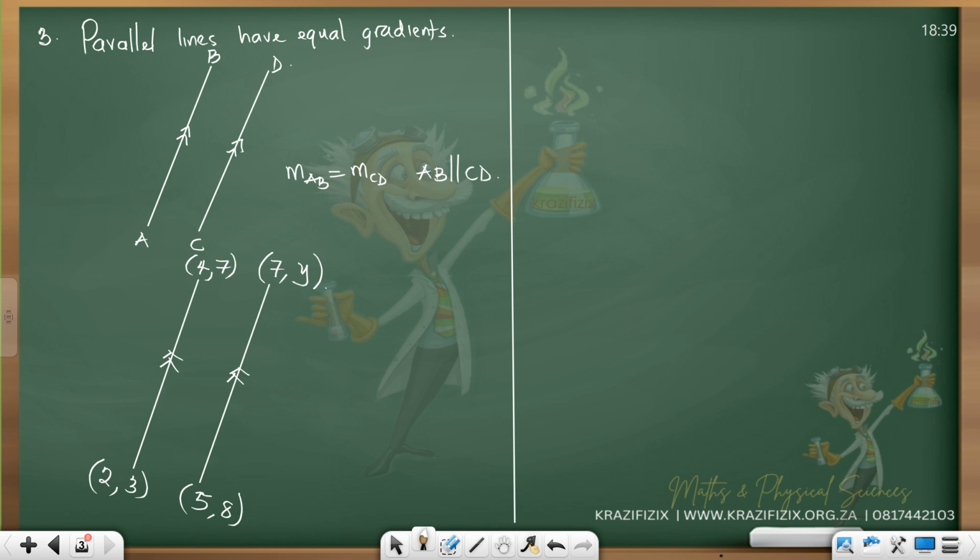If these two lines are parallel, it means their gradients are the same. So why don't we first look for the gradient of the first line? Let's call this AB. Let's call this CD just for labeling sake. Gradient of AB, that is YA minus YB over XA minus XB.